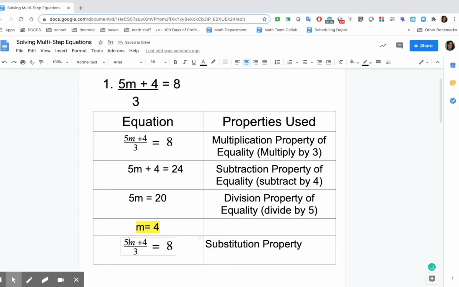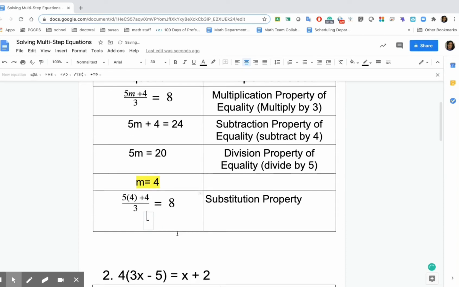So replace or substitute m by 4. So let's erase this 4. So now 5 times 4 is equal to 20, and then plus 4 all over 3 equals 8.